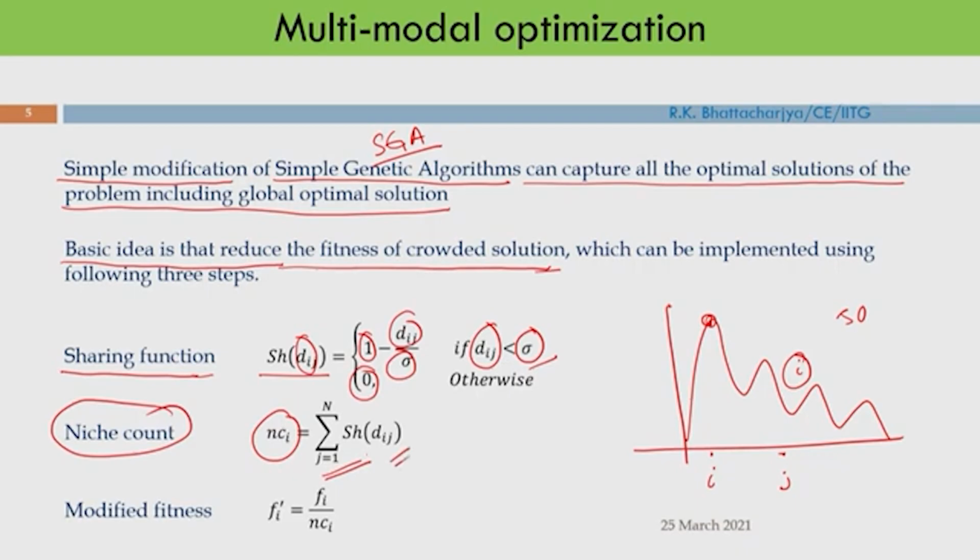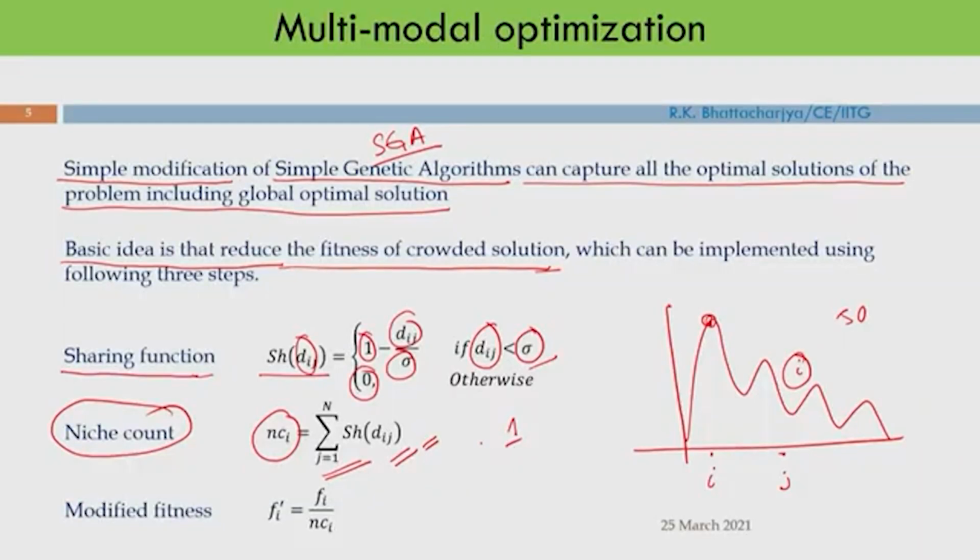Now, what does this niche count tell us? If the niche count is a large number, I can say that the particular solution is a crowded solution. If the niche count is 1, then I can say that the particular solution is not crowded, that it is an isolated solution.